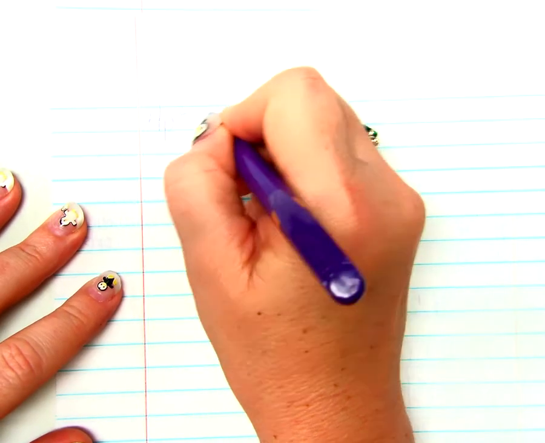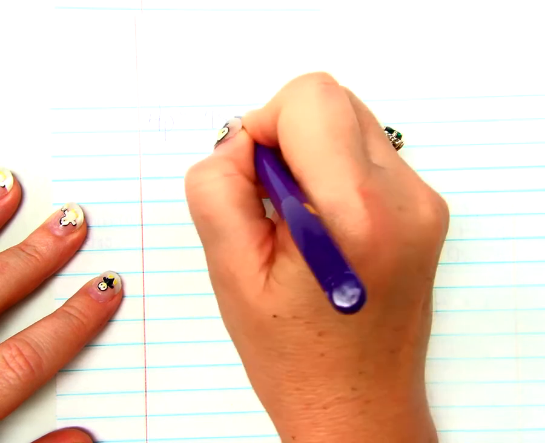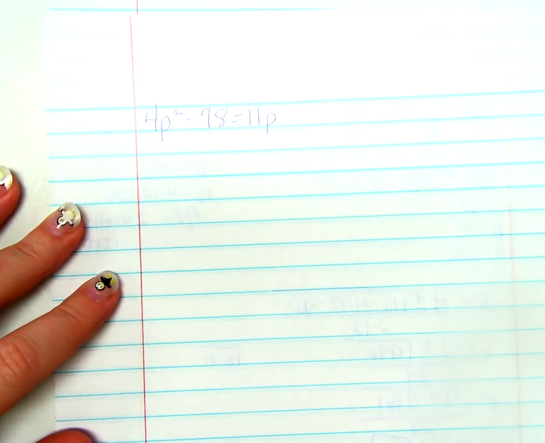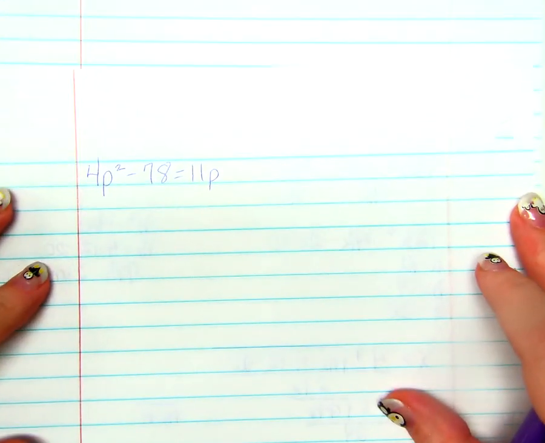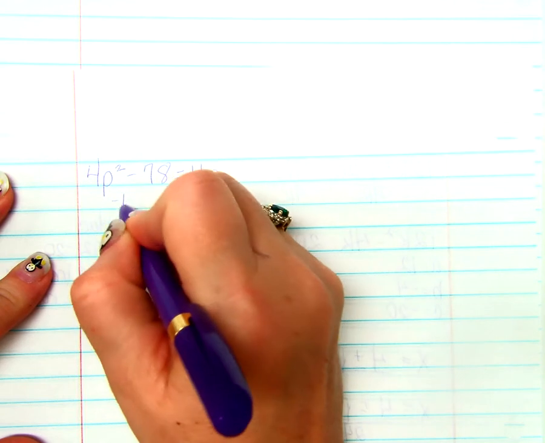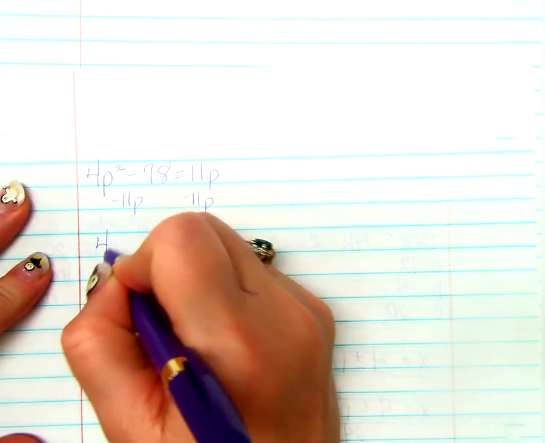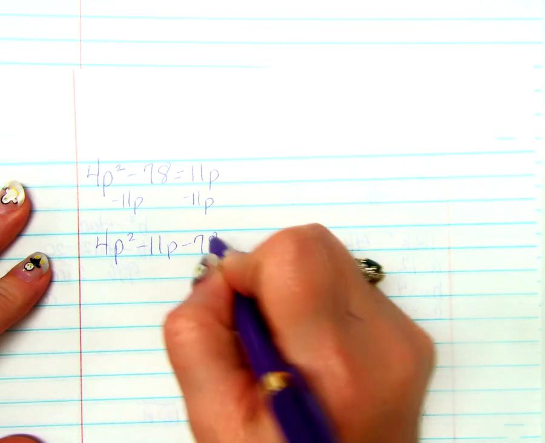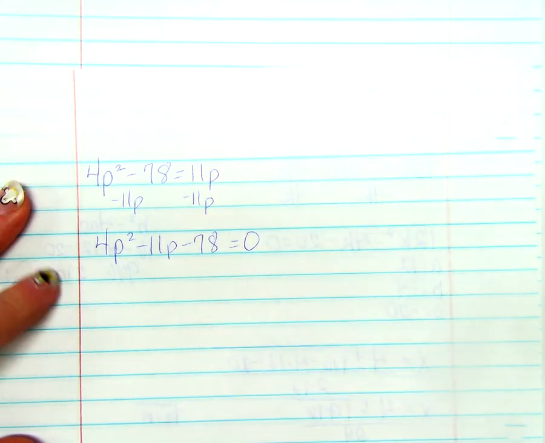4p squared minus 78 equals 11p. Okay? So I need to get it set equal to 0. So I'm going to subtract 11p from both sides. 4p squared minus 11p minus 78 equals 0.